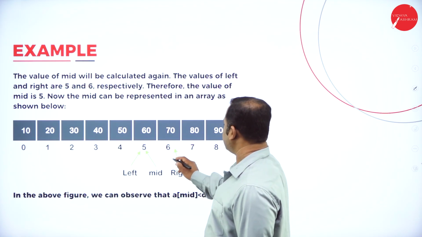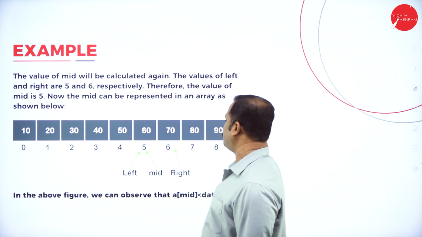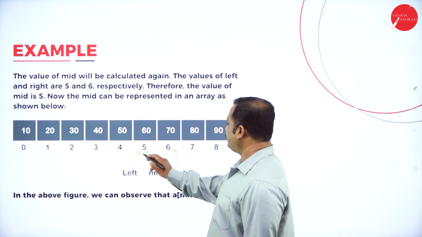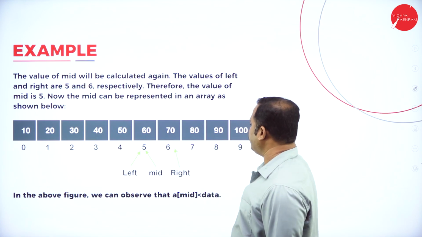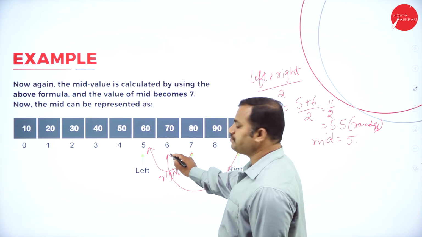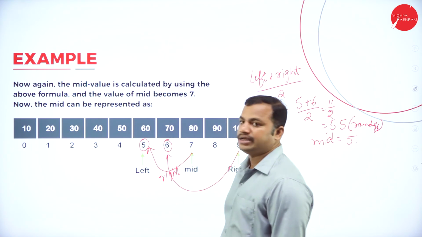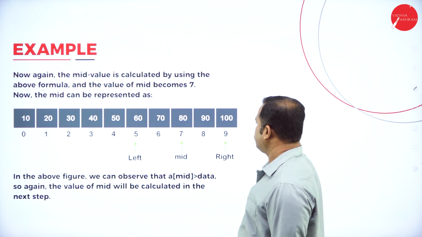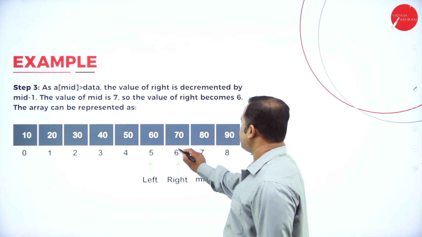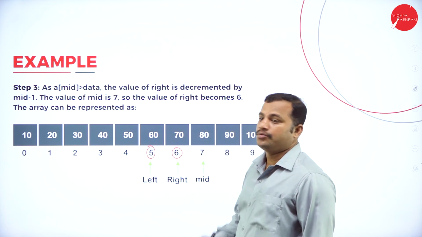Now, see here. Right is pointing at this location, index number 6, and left is pointing at index number 5. See here, at 6 and 5. Then if I apply the same formula, what happens?